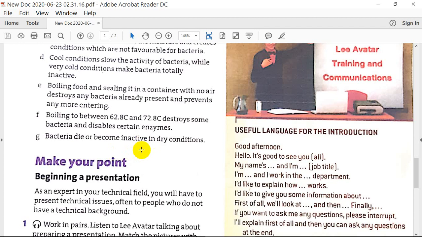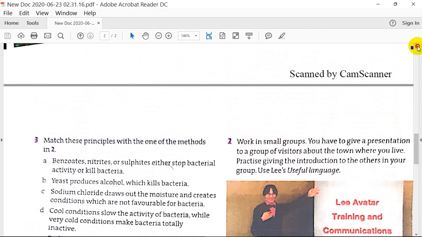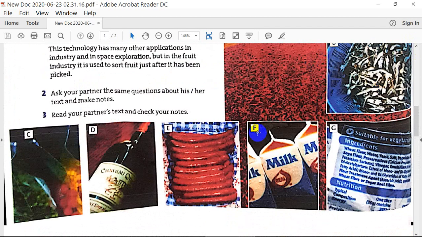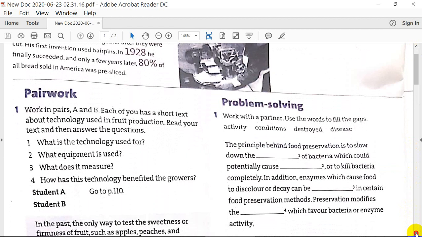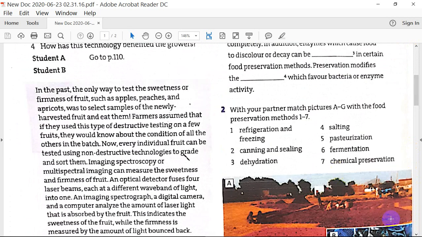Sometimes they have a lot of vegetables and cannot preserve them, so they try to abstract water or put them under the sun for a long time till they become dry. They use dehydration. So these sentences we can match with the photos or with the terms here, to explain more the meaning of these terms that we studied before from 1 to 7.